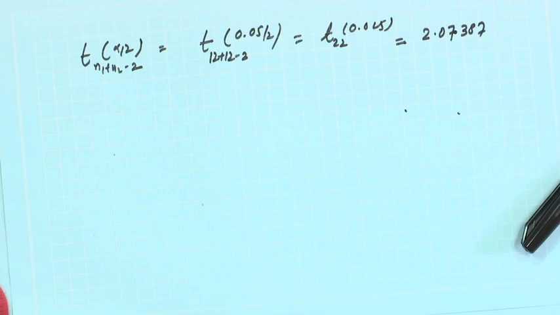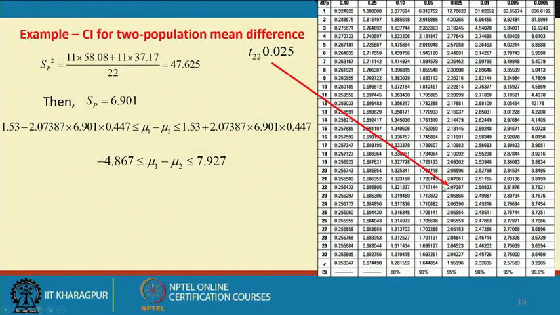So from the slide, t22, 0.025 equals 2.07387, and you put this in the formula and you get this interval.